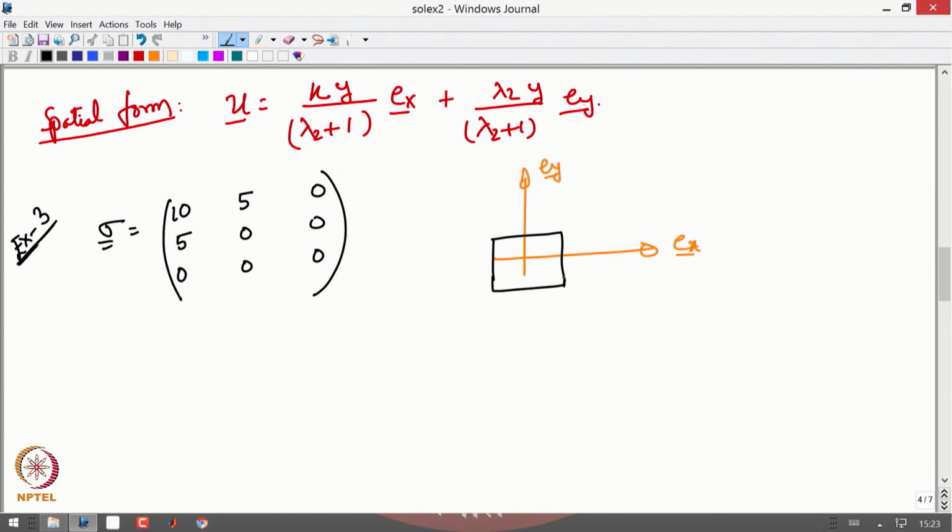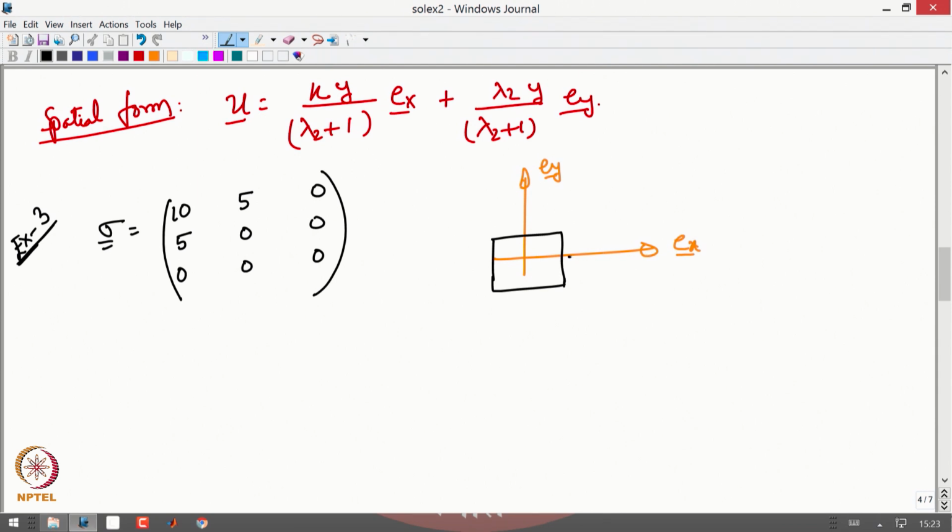I want to indicate what this 10 represents as a component of the stress tensor. You know that this 10 represents the sigma xx component of the stress tensor. So, sigma xx component is on the area whose normal is x, and the direction of force is also x.